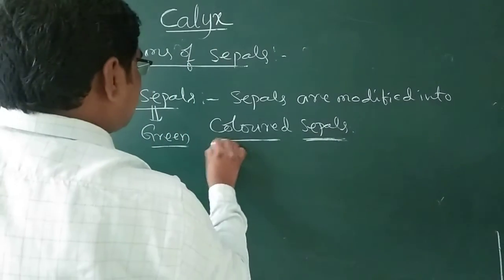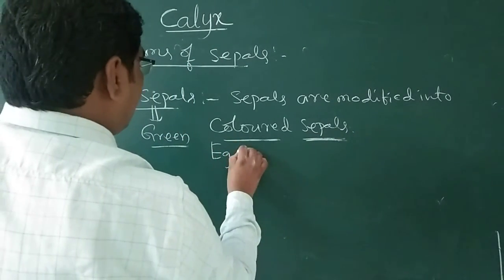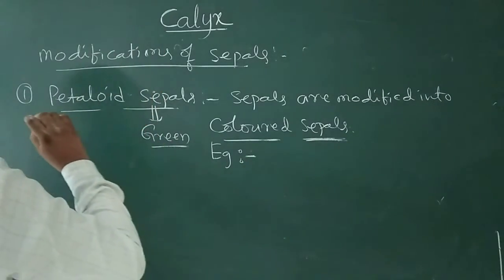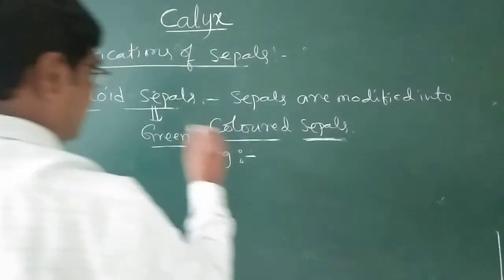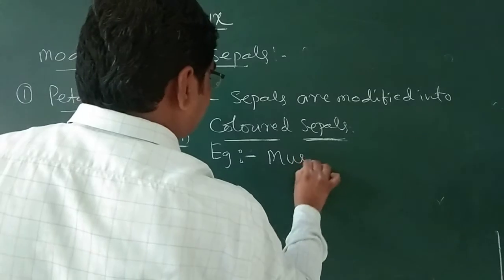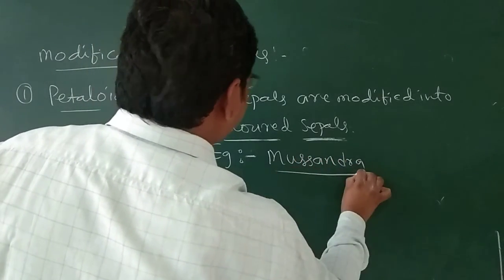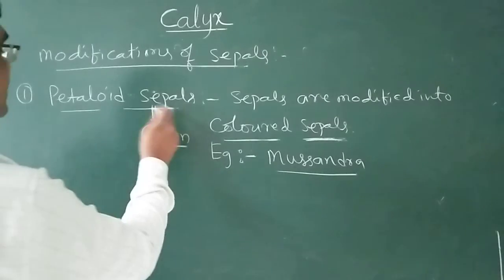What are the examples of petaloid sepals? Crossandra and Mussaenda are examples of the petaloid sepal.